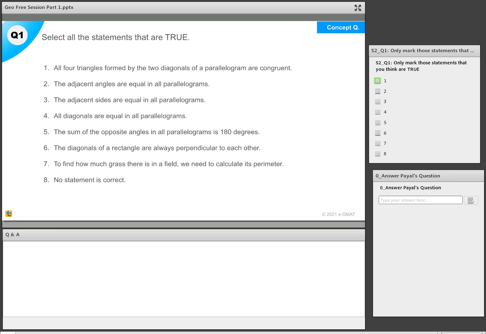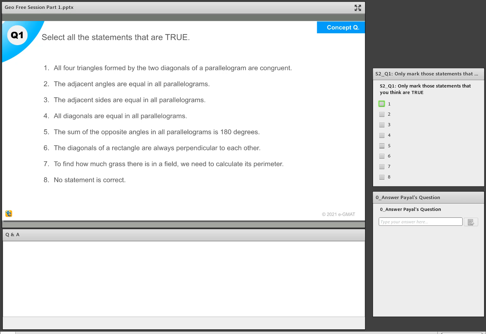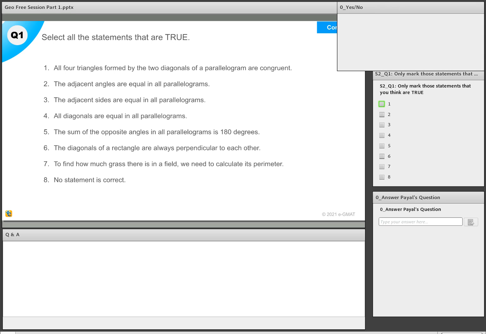Yes, no? Let me get my yes, no poll as well so that you don't have to type that out. If you have any confusions about the directions, feel free to type out that confusion.